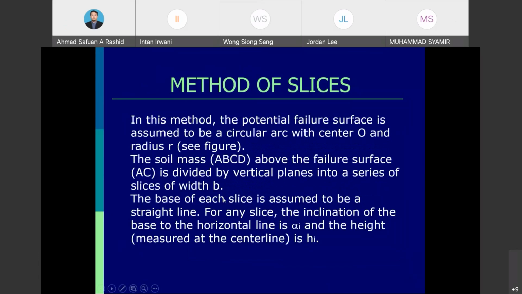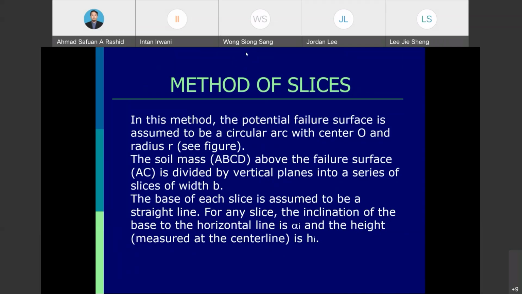Method of slices: in this method, the potential failure surface is assumed to be a circular arc with center O and radius R. The soil mass ABCD above the failure surface AC is divided by vertical planes into a series of slices of width B. The base of each slice is assumed to be a straight line.